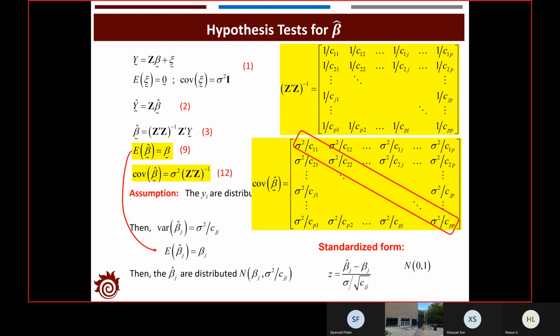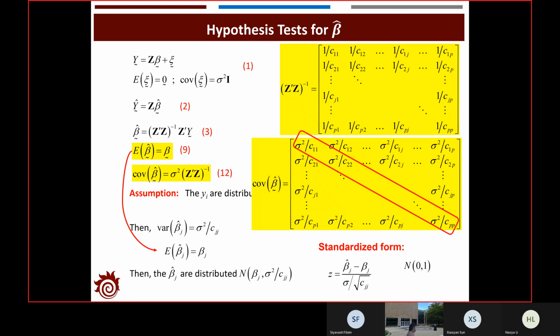And if you want to do some transformation about the beta hat, you can define a new variable z. We get beta j hat minus beta j divided by sigma times the square root of Cjj. With that, z will follow the standard normal distribution.